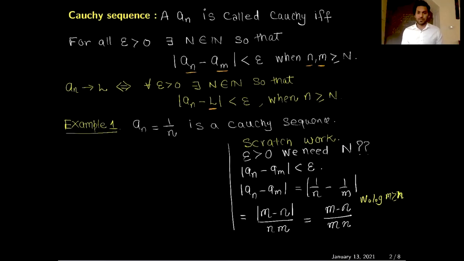Now if I drop the n in the numerator, I will have a less than or equal to inequality because n is a positive number. So this is m over n times m, and this is simply 1 over n.